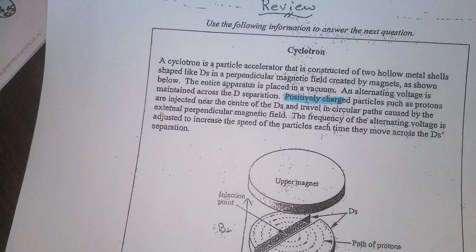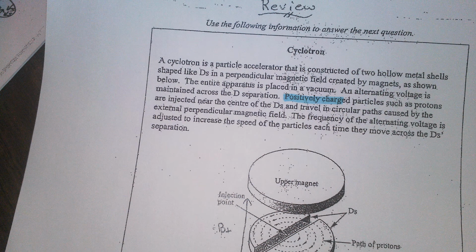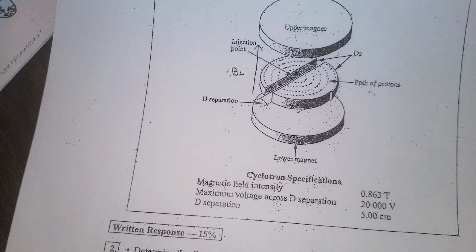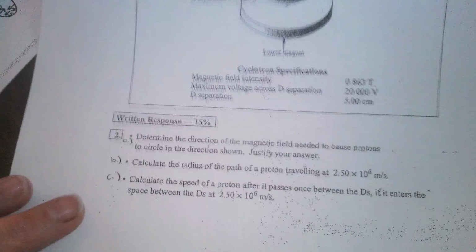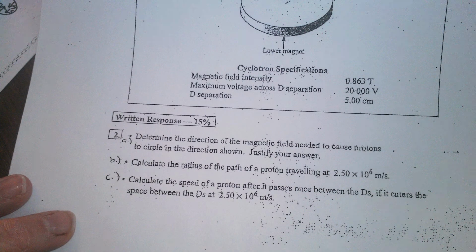The frequency of the alternating voltage is adjusted to increase the speed of the particles each time they move across the D's separation. This is way back when I had to write a diploma. You had a written response, one question worth 15% of your test.